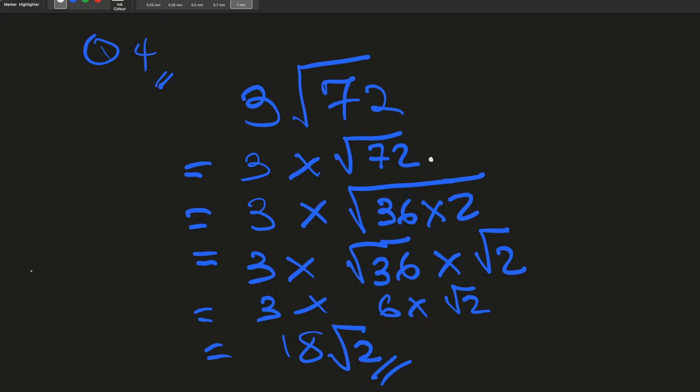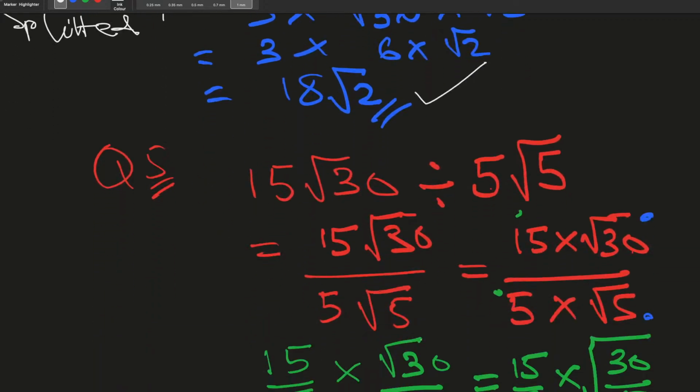We split it here. Then we had root 3 times root 36 times root 2. But we know that 3 times 6, where 6 is the square root of 36, will give us 18. So 18 root 2 was our answer as well.